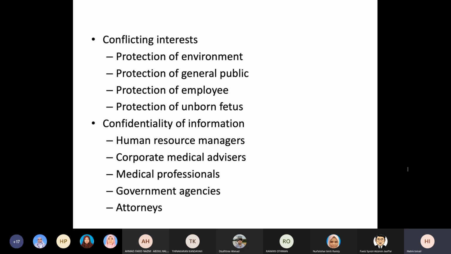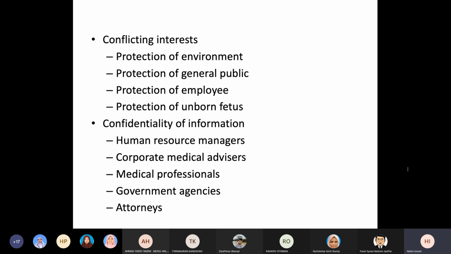So the conflict can be seen between ensuring there is a job and protecting the environment or the general public. Say, for example, if you have a lot of factories and they produce a lot of environmental toxins, you need to decide between the job or the public, and what would be the best method to protect the employees.